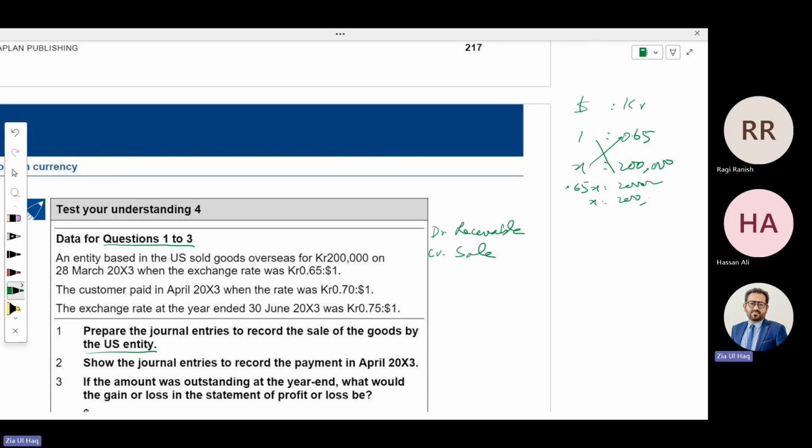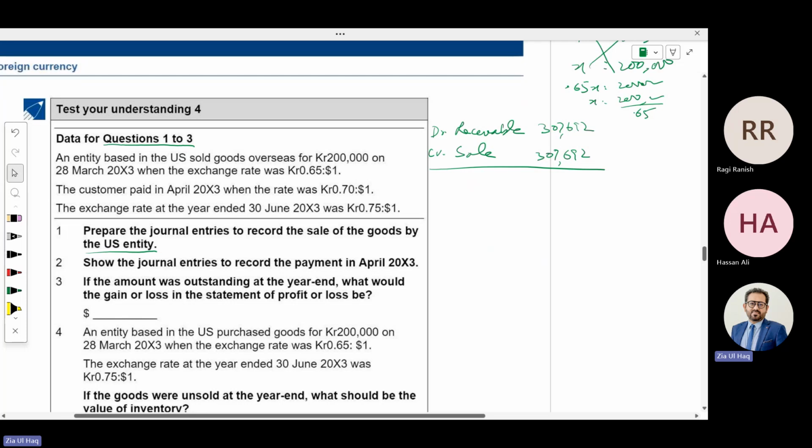So X is equal to 200,000 divided by 0.65. What's the value? 307,692. Part question 1 done.